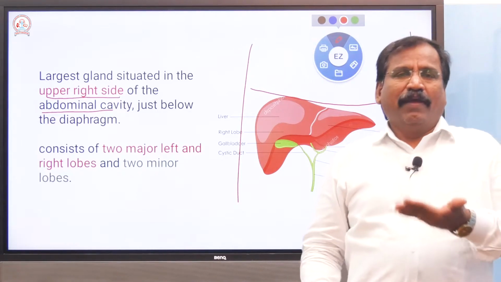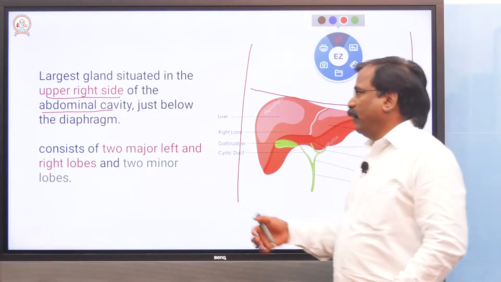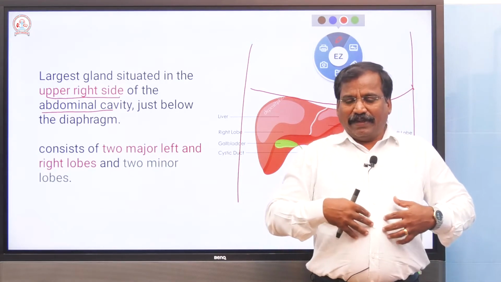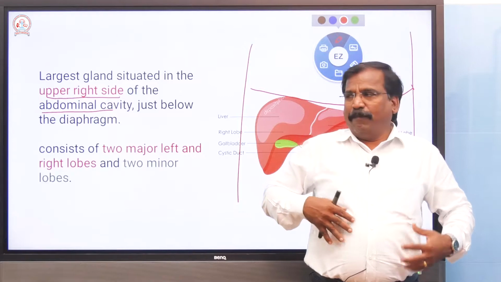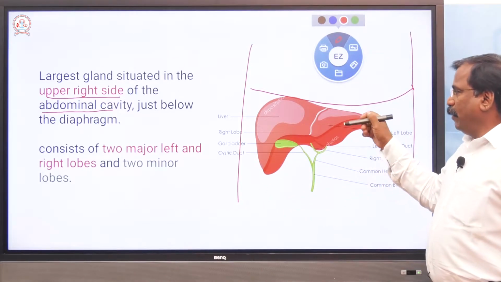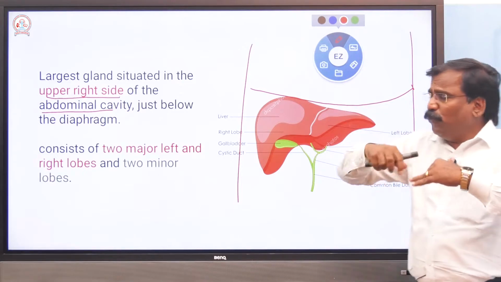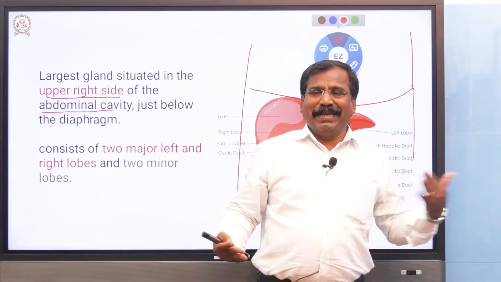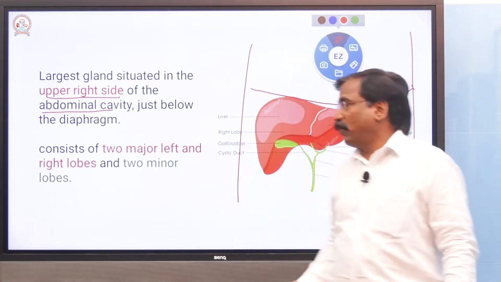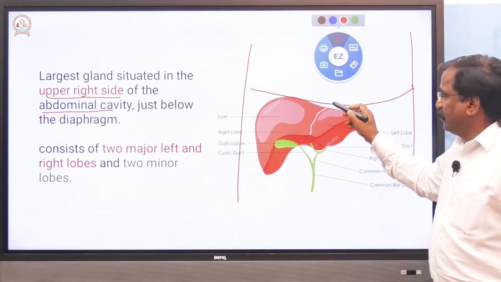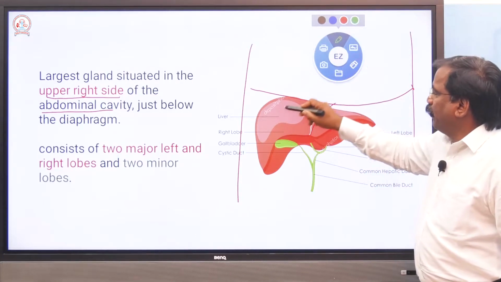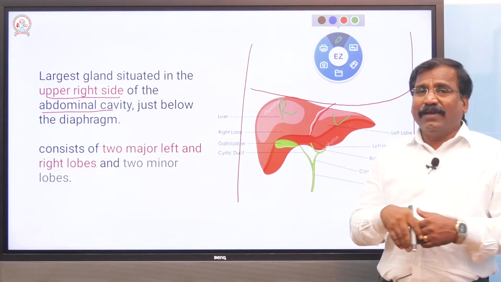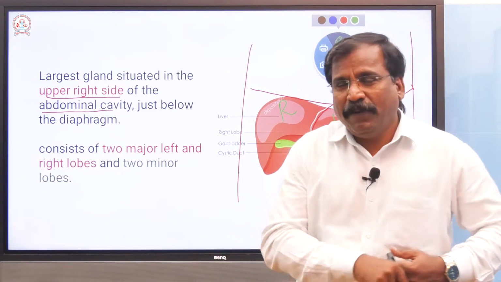Just below the diaphragm, in the upper right side of the abdominal cavity, the liver is located, and it is divided into two major lobes, the right and left lobes. The right and left lobes are further divided into many minor lobes.